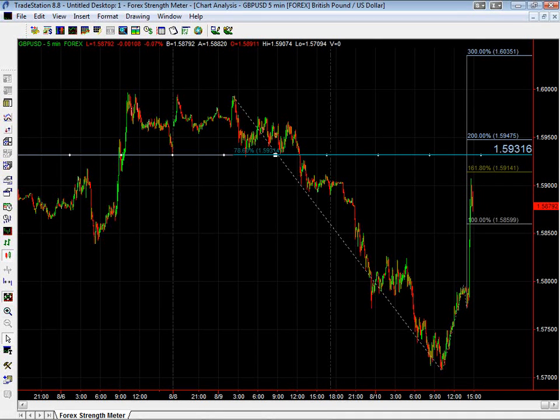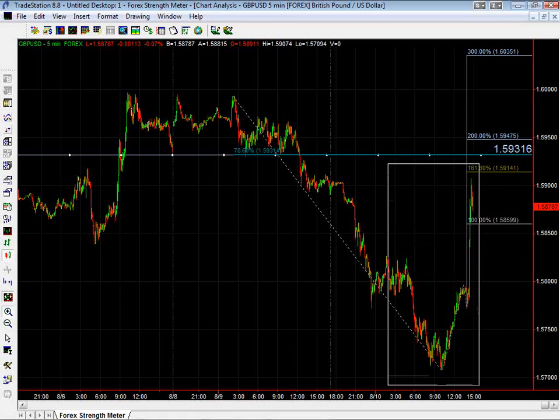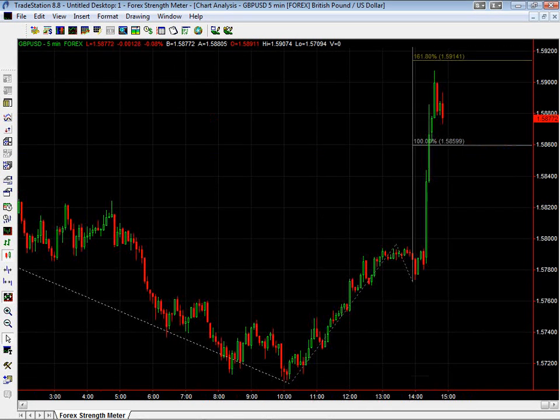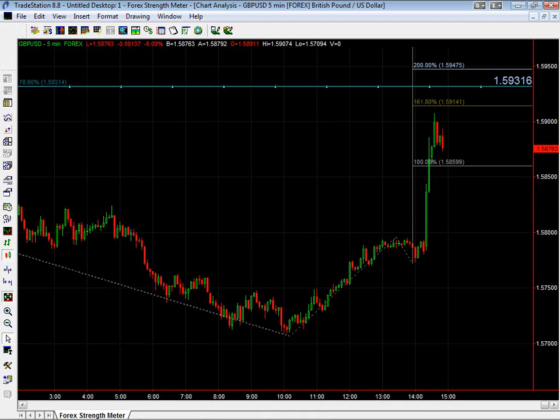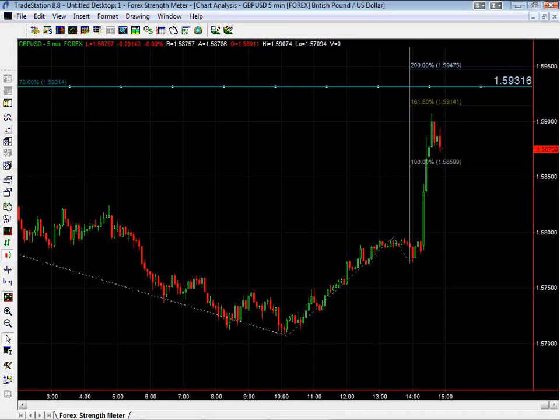Not only that, we have a Fibonacci extension line, and though it's not a confluence of events, the 161.80% extension of this entire move and the 200% of this entire move have the middle of both those values at 1.5931.